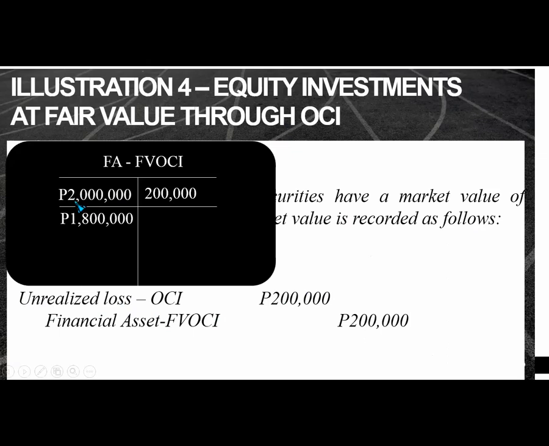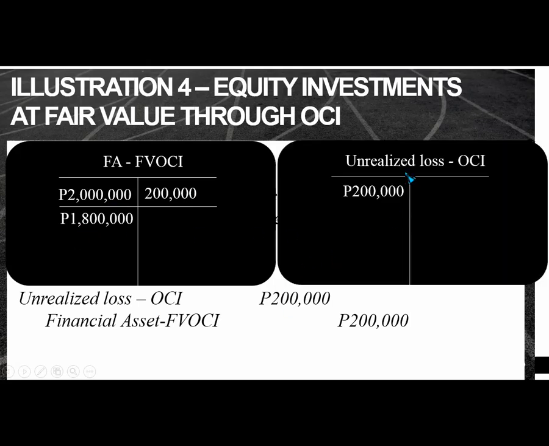So the 2 million, we deduct the 200,000, so it becomes just 1.8. For unrealized loss, OCI, you have a debit of 200,000. Again, this is not a temporary account, but a permanent or real account which will accumulate in the next accounting period.